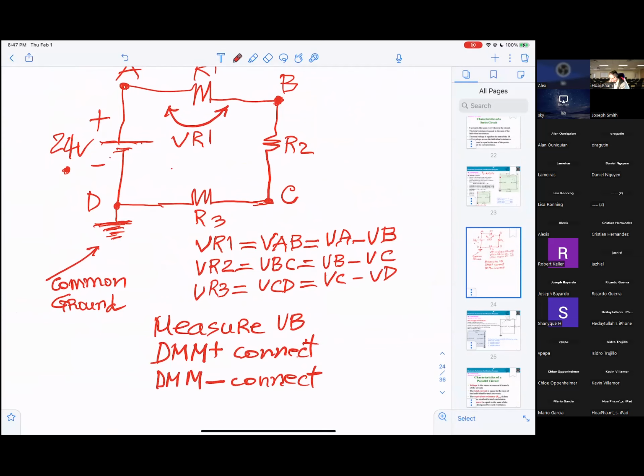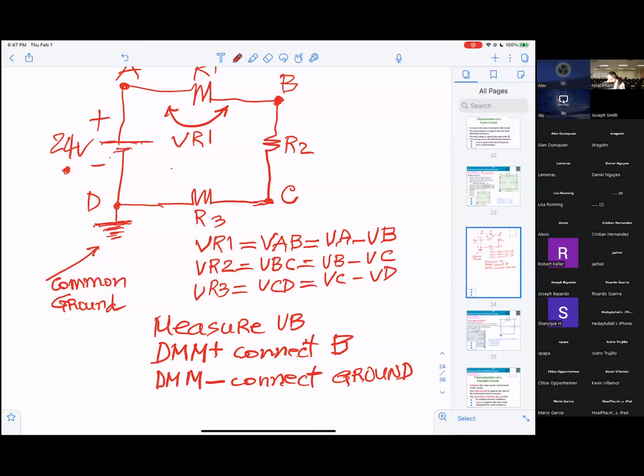So DMM positive connects to B, and DMM negative connects to ground. Remember, when you measure only a single point, the other side of the meter must be connected to ground.